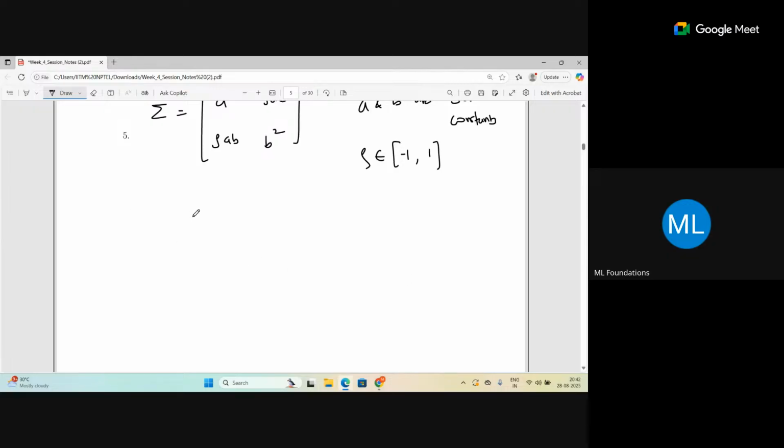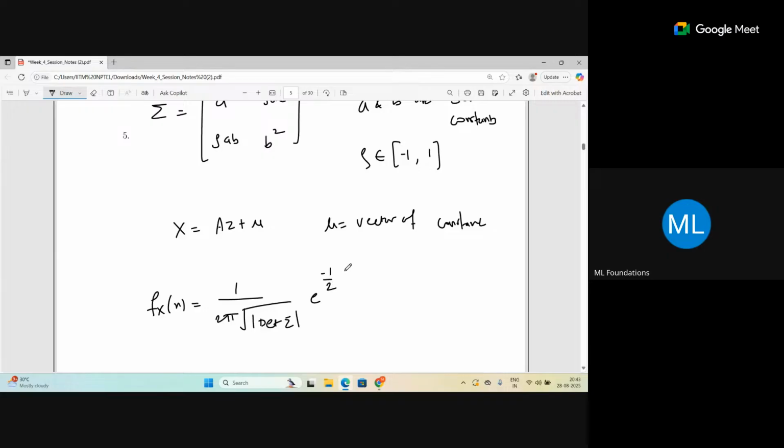Suppose x is A z plus mu, where mu is again a vector of constants. In that case, f_x of x, the joint density of x, will be 1 upon 2 pi root of the determinant of sigma, then e to the power minus half.